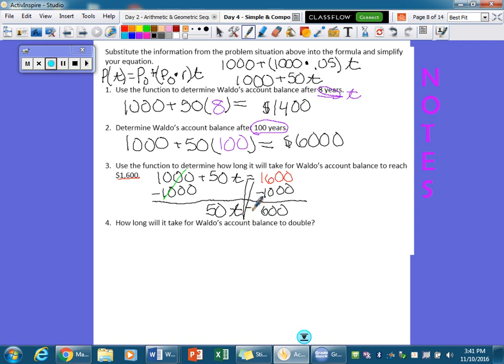So we have 50t equals 600. We're going to divide by 50 on both sides. t equals, if I divide by 50, those 50s will cancel each other out. And 600 divided by 50 is 12. 12 what? Years.